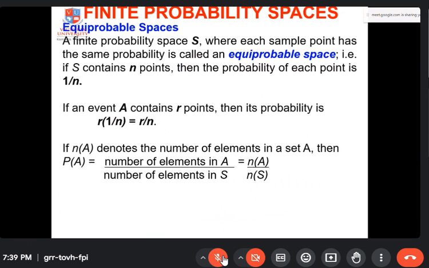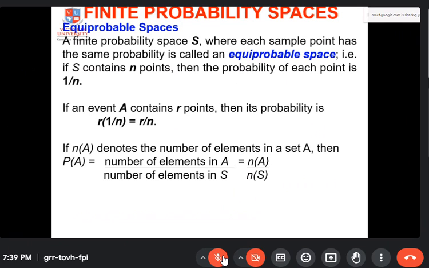We can say that the number of elements in the event over the number of elements in the total sample gives the probability of event A. In our case, we have 3 days, and the whole sample is 7 days.